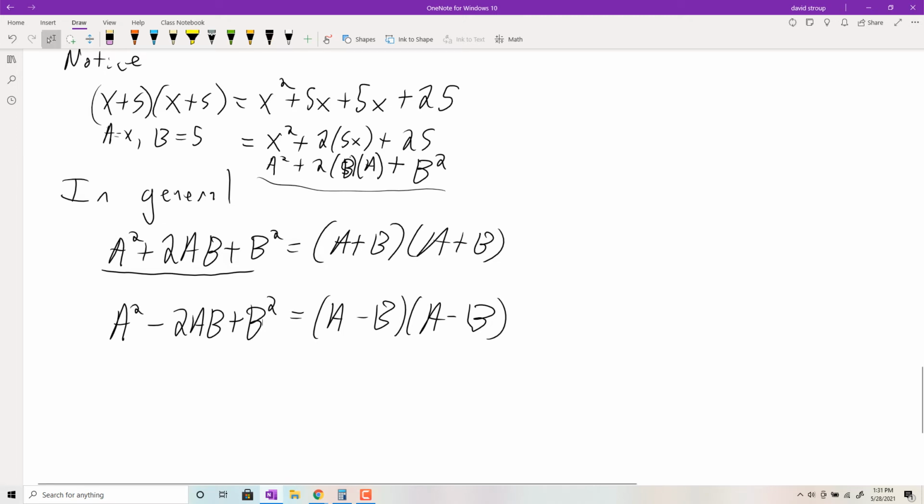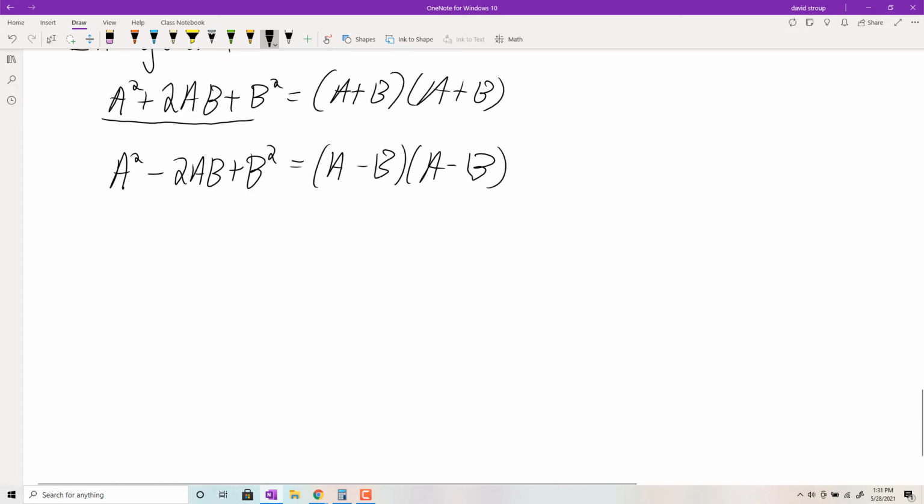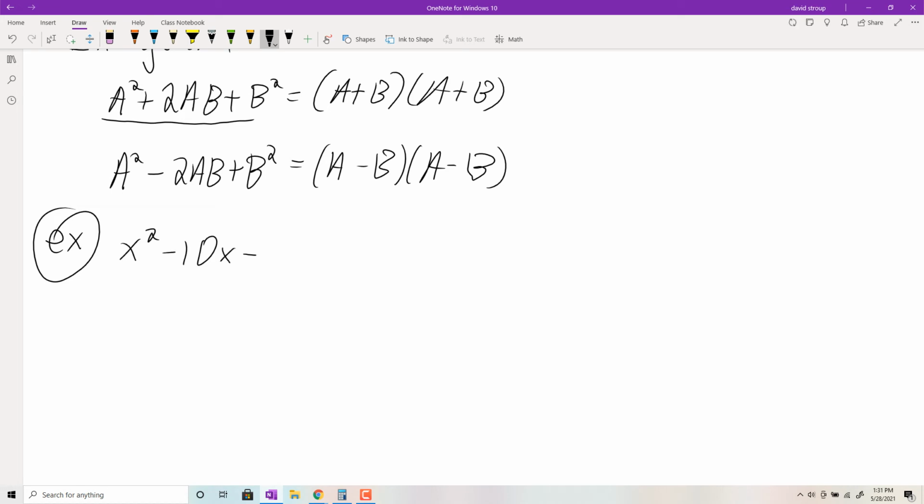Given a trinomial, if I see the last term as a perfect square, for example, x squared minus 10x plus 25, I kind of just guess my answer is going to be this form, right? And then I hope for the best.